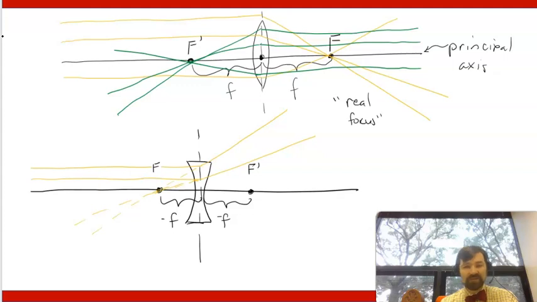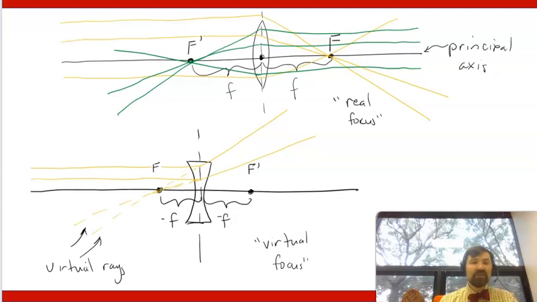And then down here, what we have is a virtual focus. So I had to continue the rays with what are called virtual rays. So this and this are virtual rays, and they go through a virtual focus. Okay, so that's the first set of diagrams.